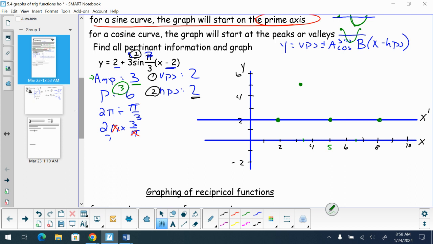This one took us up. -1. We have to go our amplitude downward. So we have our amplitude up and then our amplitude down. So we have to be 3 down from 2, so we go down to -1. And now we can construct our sine curve.